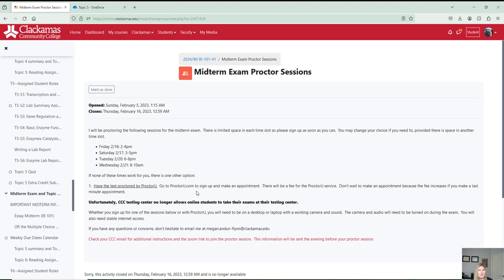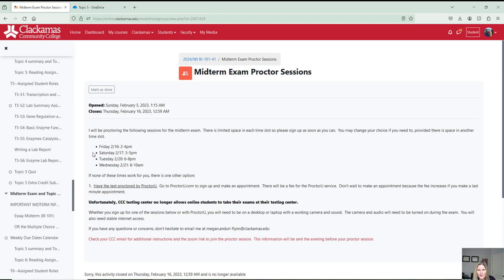Every student will be in separate breakout rooms, and during the exam, you'll be asked to share your screen so that I can see that you are working through the exam without any extra resources, since it's a closed resource exam. And I'm also there if something happens during the exam. So if your computer suddenly crashes or something like that, or if you have a question about one of the essay prompts or something you don't understand, then I'll be right there while you're taking the exam.